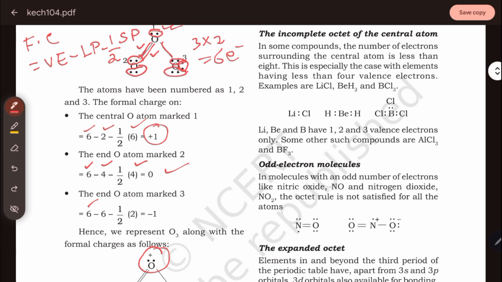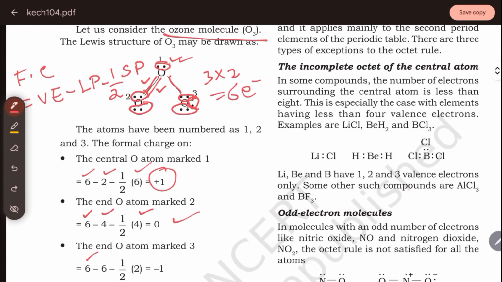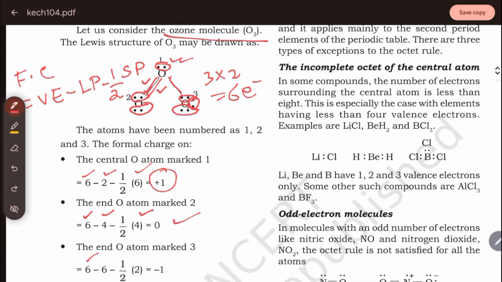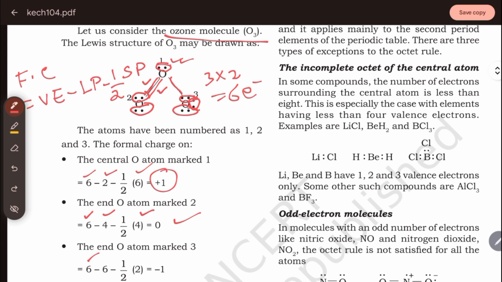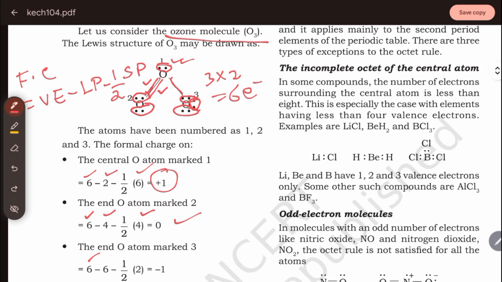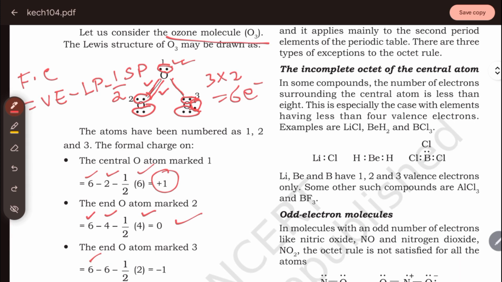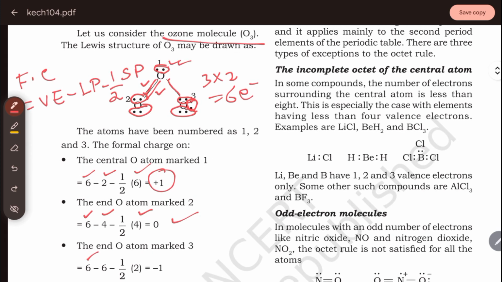Now, please remember how I have told you that oxygen 1 is the donor, oxygen 3 is the acceptor. That gives the dative bond. After the formation of the dative bond, it behaves like a covalent bond. But oxygen 3 had 6 electrons as non-bonding. So that means these 6 electrons were actually oriented as 3 lone pairs.